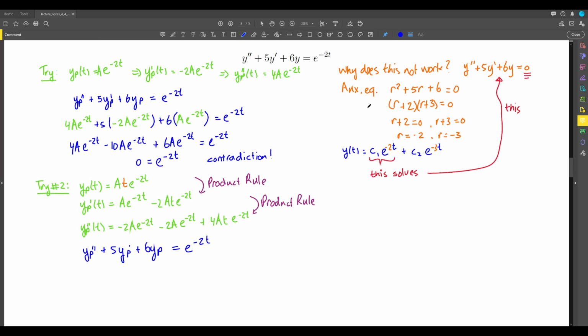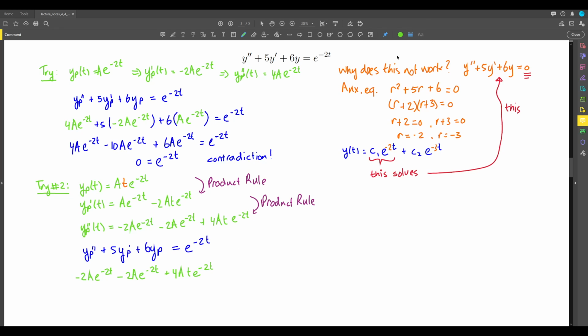Okay, so we start with the most complicated looking one. So that's negative 2a e to the power negative 2t minus 2a e to the power negative 2t plus 4at e to the power negative 2t.